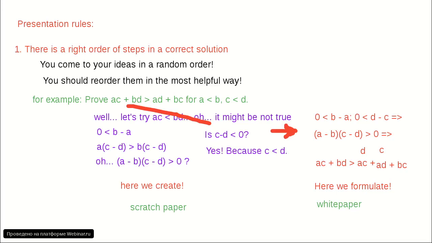And also that means that there is some natural way of showing a solution. So this solution could be written in an opposite way.